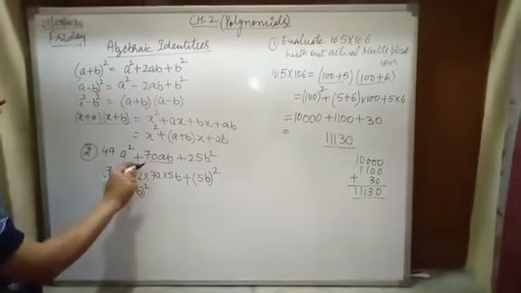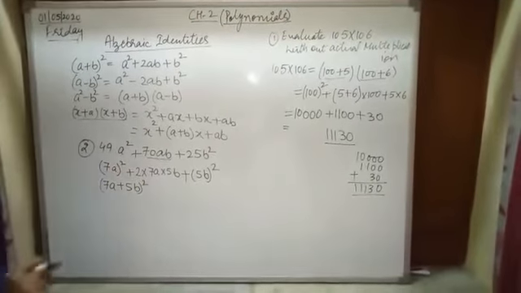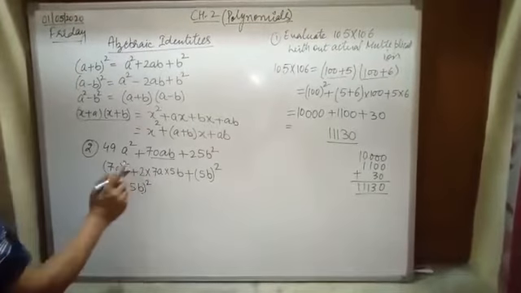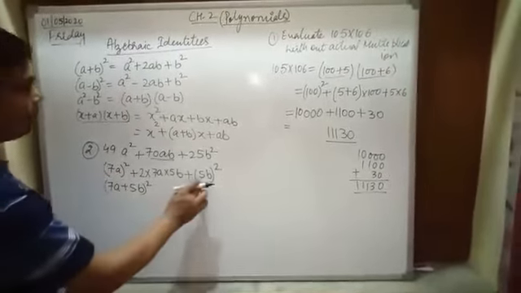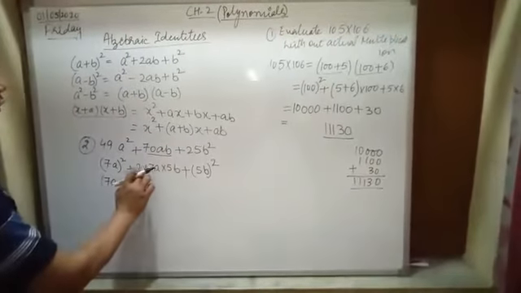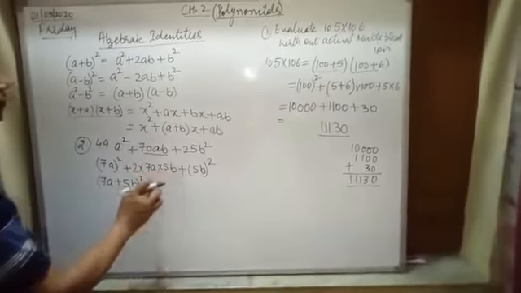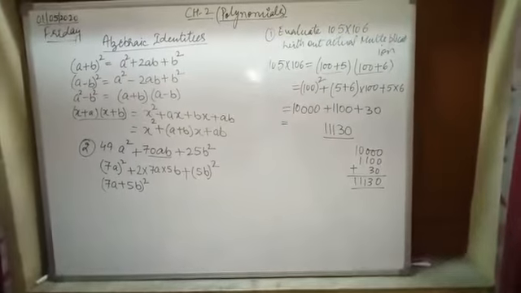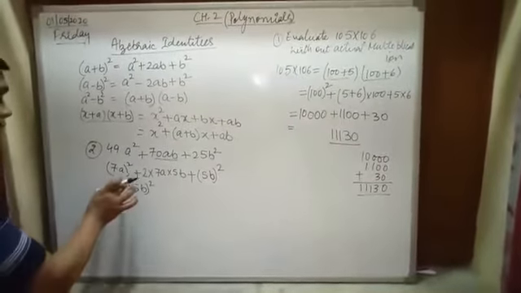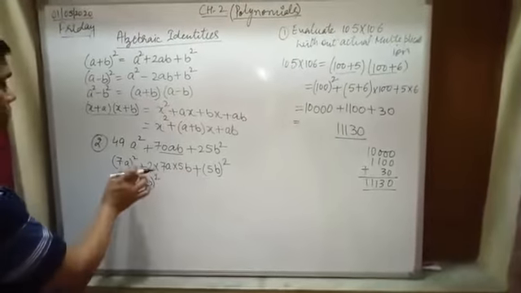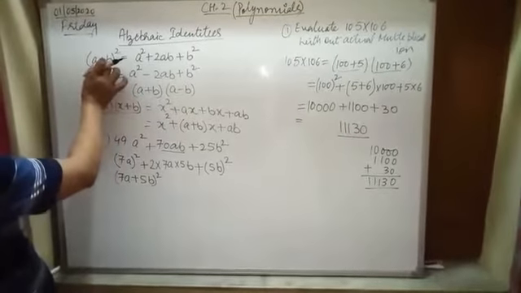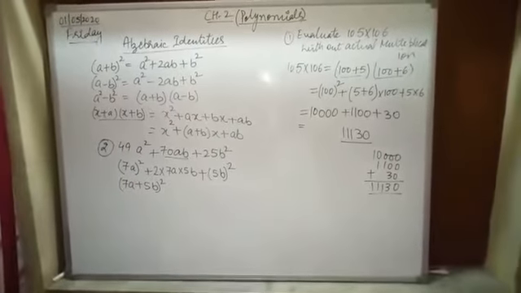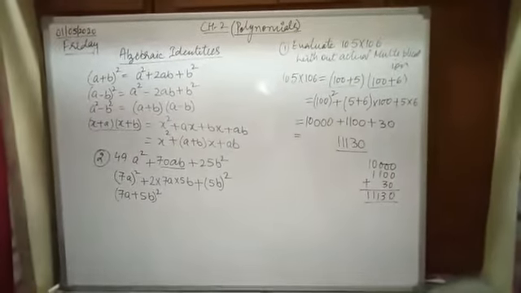Because the sign is positive, we put here a positive sign. It must be 2ab, where a means 7a, b means 5b. So 2 into 7a into 5b is equal to 70ab. And this can be rewritten in compact form as (a plus b) whole square. It means (7a plus 5b) whole square. Clear?